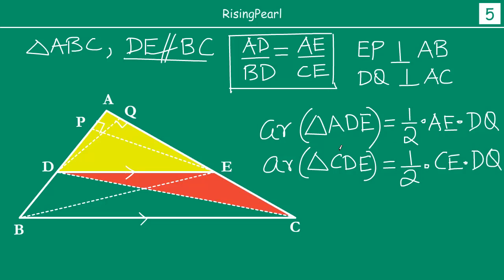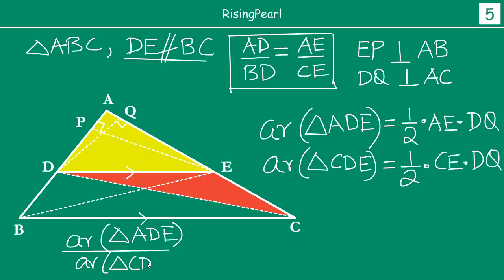DQ. So if you take the ratio of these two, just the way we did it earlier, area of triangle ADE divided by area of triangle CDE, the half and half will cancel out and DQ, DQ will cancel out.